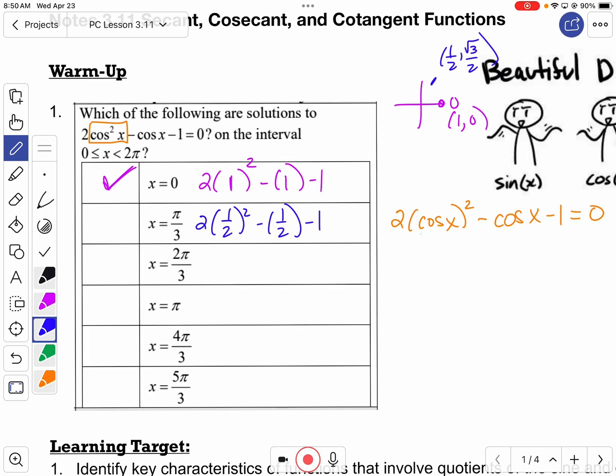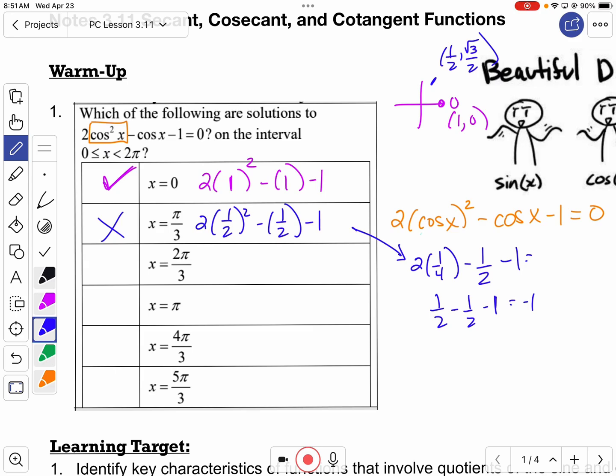Now, a little more arithmetic on this one, okay? What's 1/2 squared? 1/4. So I have 2 times a fourth minus 1/2 and minus 1, okay? So this is going to give me 1/2 minus 1/2 minus 1. Do I get 0? Yeah, I get negative 1, all right, because the 1/2 would go away. So that one's not a solution.